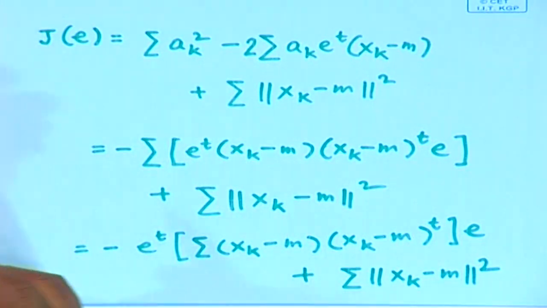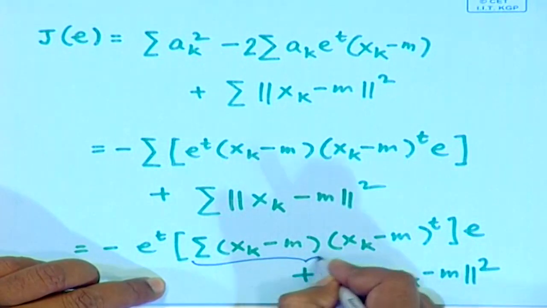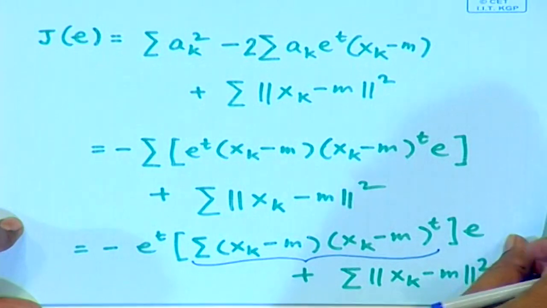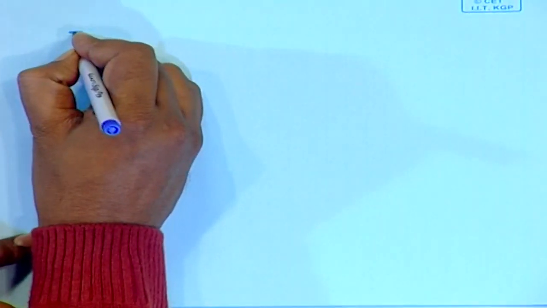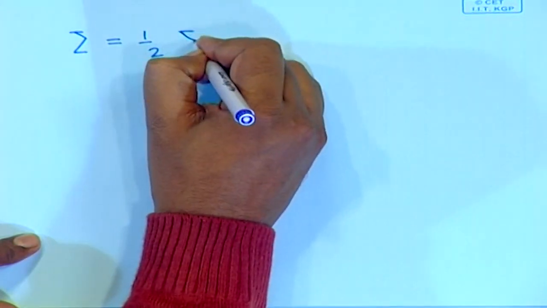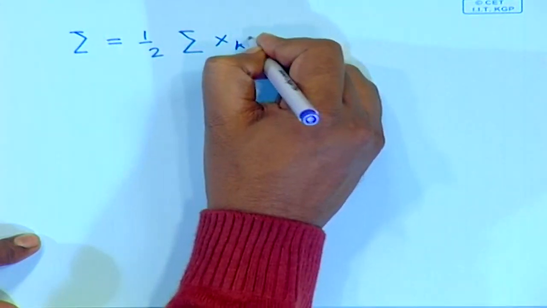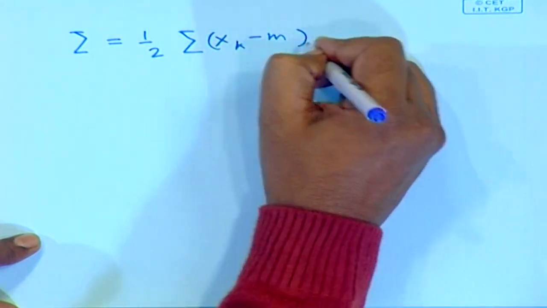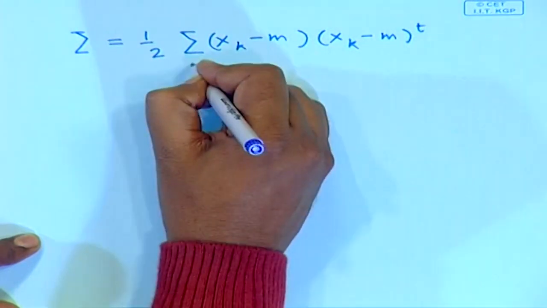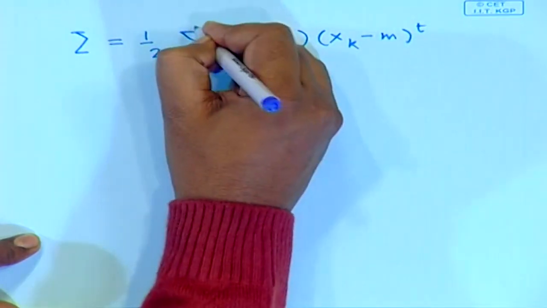Now you find what is this term, sum of xk minus m into xk minus m transpose. If you remember from our earlier expressions, what is our covariance matrix sigma? 1 upon n summation xk minus m into xk minus m transpose, with the summation k is equal to 1 to n.